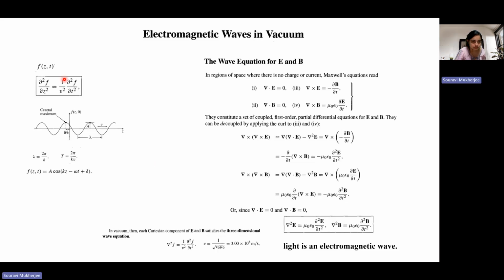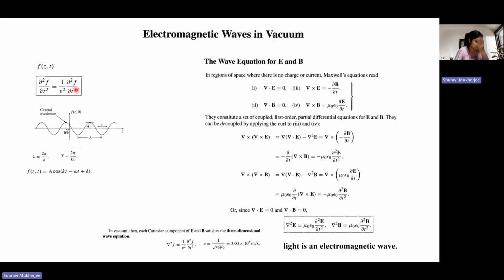In 1D, if you have some wave given by a function f of z and t, where z is your position, the spatial coordinate, and t is the temporal coordinate, then it satisfies this Helmholtz relation, which has this form.